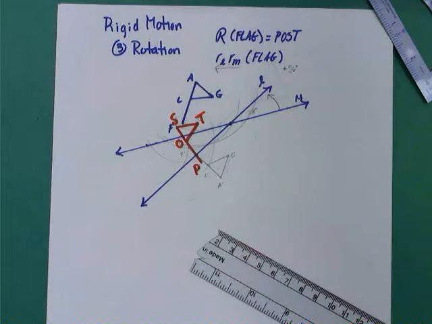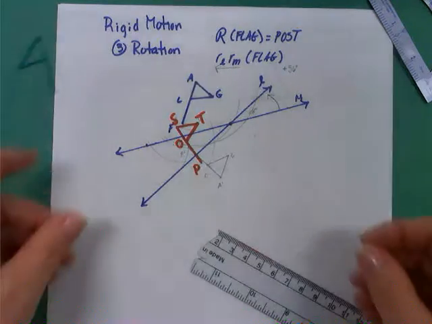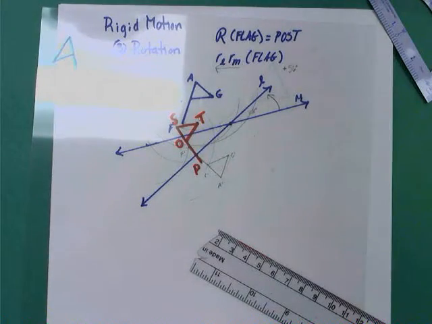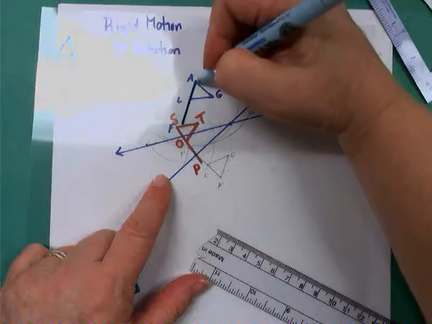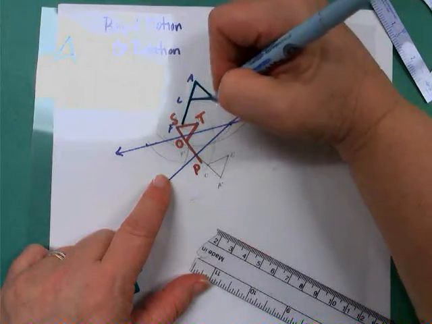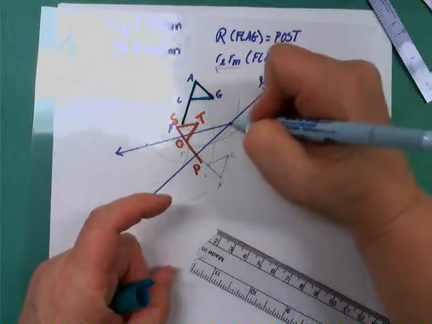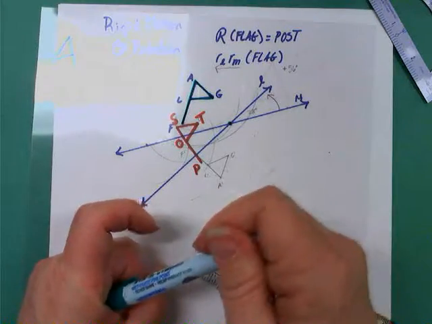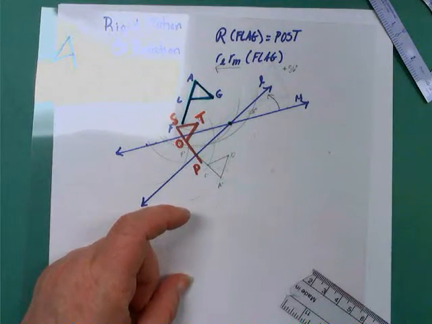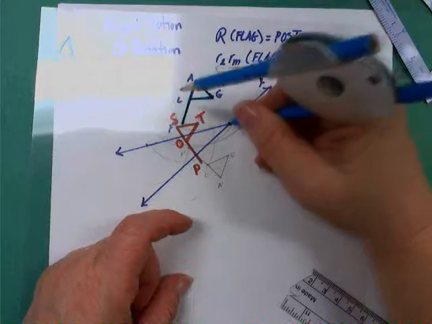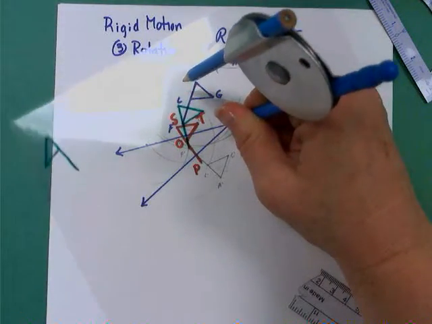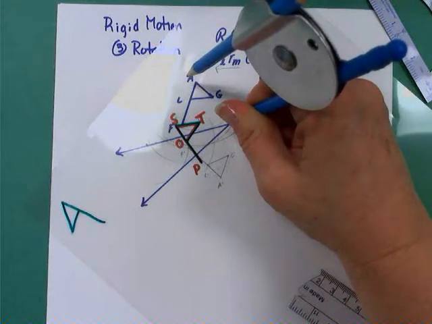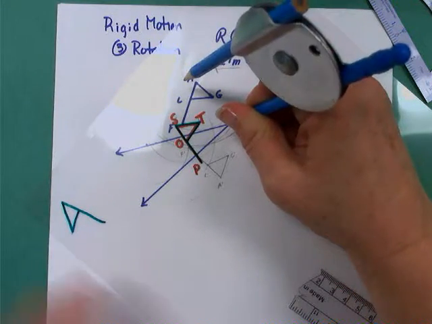Now, just to eyeball it, to see that I did it right, on my clear sheet, I'm going to trace FLAG. I'm going to put my point of rotation there. Another nice thing about the compass is I can stick it through more than one piece of paper, and I can rotate this shape, and it will land on my other one.